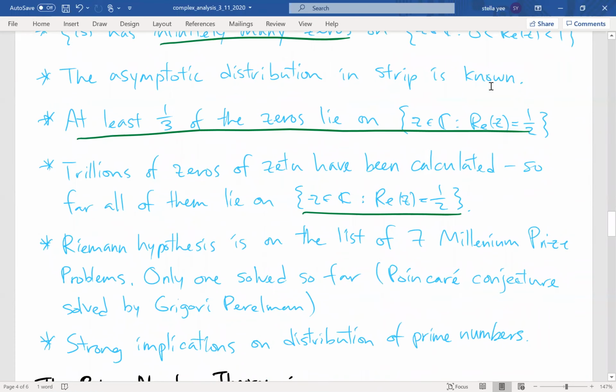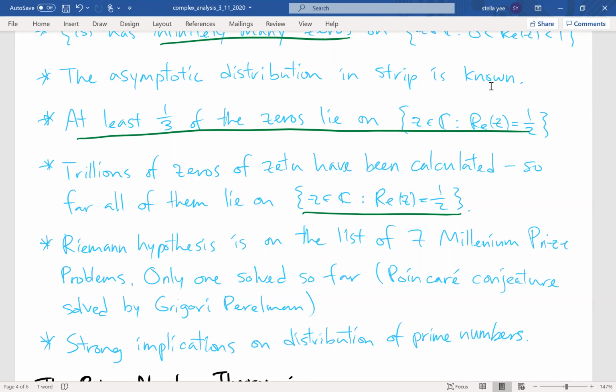And I mentioned this already, but the Riemann hypothesis is on a list of 7 Millennium Prize problems. So there are 7 mathematics problems that were offered in the year 2000, each of them worth $1 million to solve. Only one is solved so far.